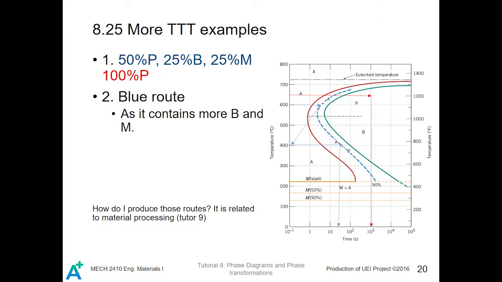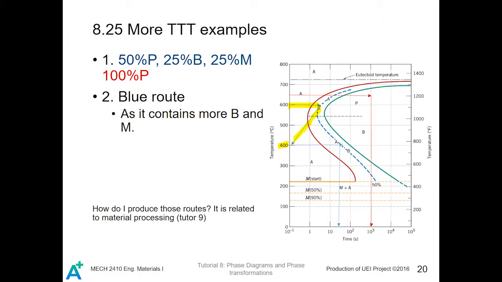For the blue one, it will be 50% pearlite, 25% bainite, and 25% martensite. Why? In the first route here, 50% of the austenite will transform to pearlite. Afterward, the rest of the 50% austenite, as the route specified, will undergo phase transformation at 400 degrees Celsius, at a lower temperature.